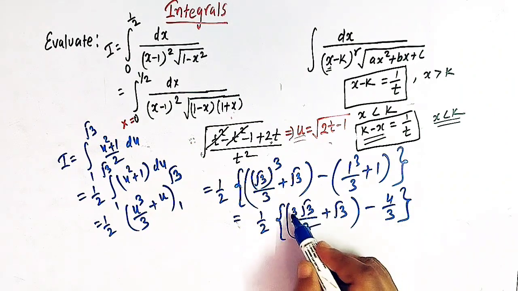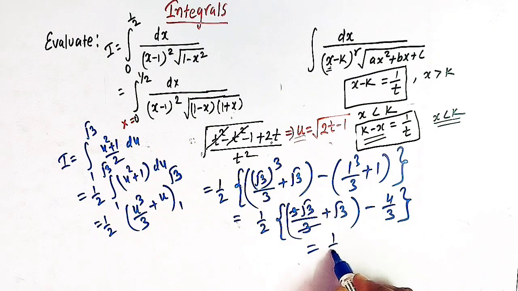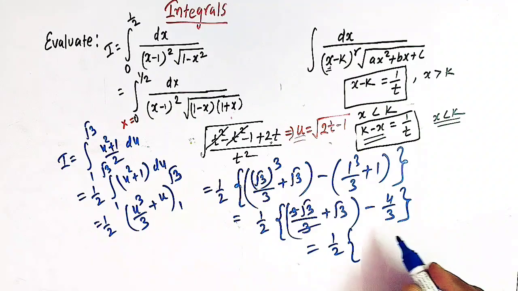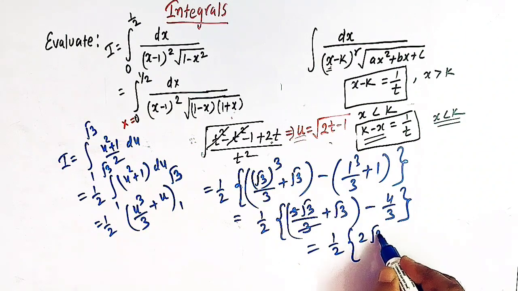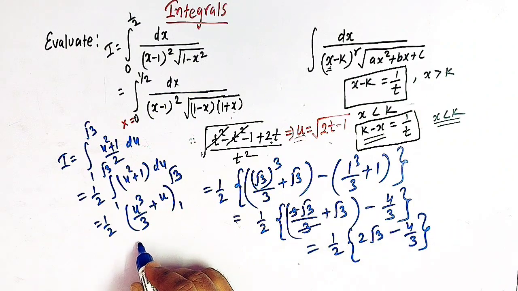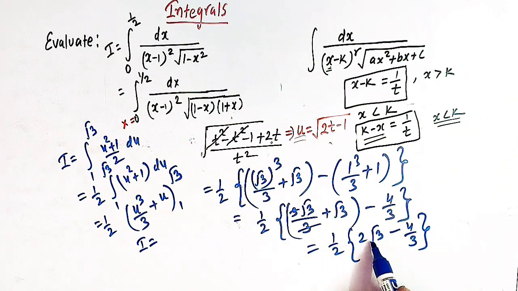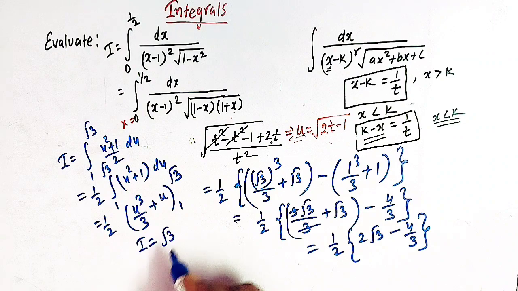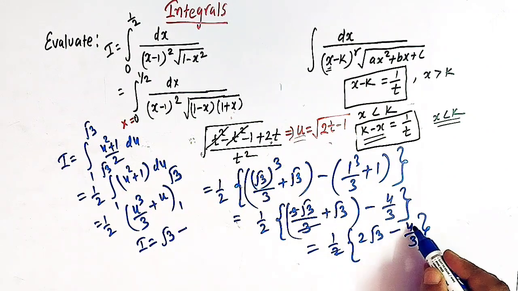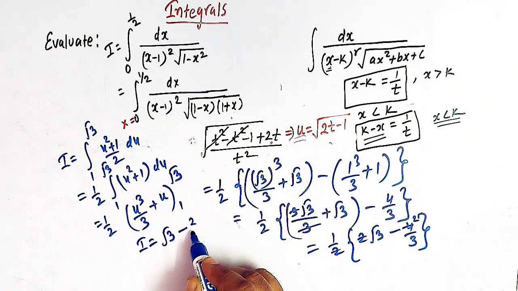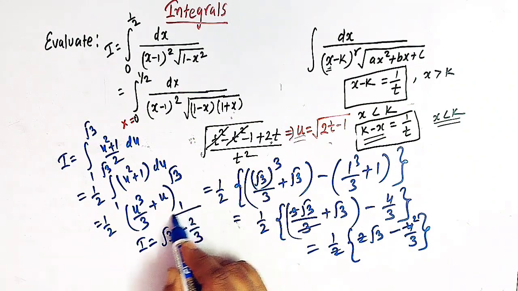So here 3 and 3 get cancelled, so we have half, and square root of 3 plus square root of 3 is 2 times square root of 3. Here we have 4 over 3, right? So now multiplying these two terms by half, this 2 and this 2 get cancelled, so we have square root of 3, and here 2 fours are 4, and we have here simply 2 over 3, right?